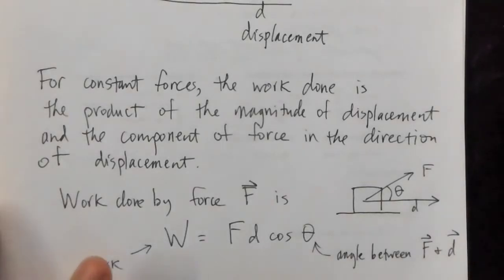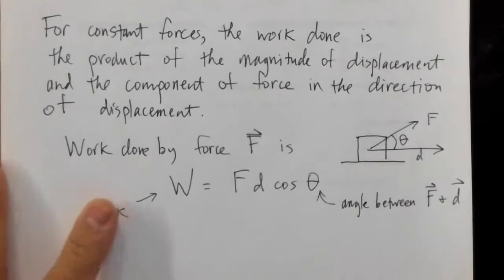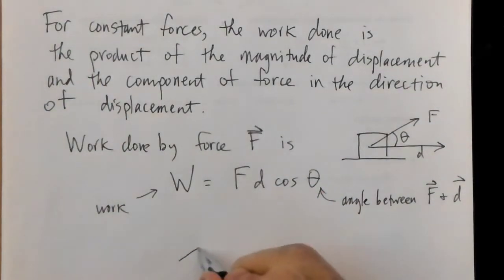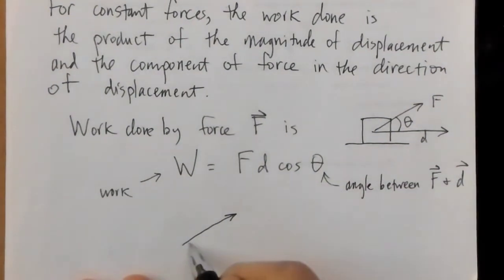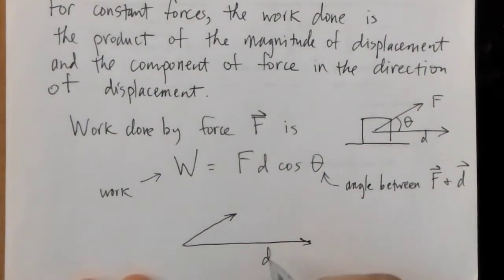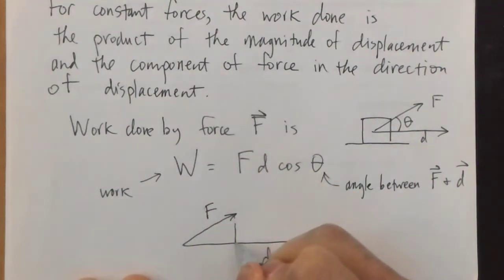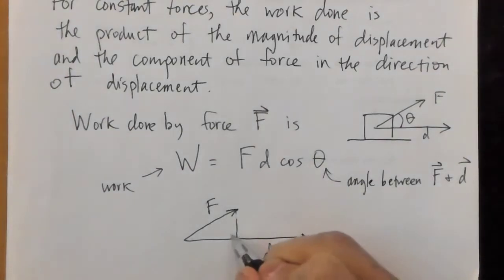Okay, so where did I get this formula from? Well, the way you can think of it is, let's do it carefully. If I have F here and D here, what I'm going to do is take the product of the component of F in the direction of the displacement.